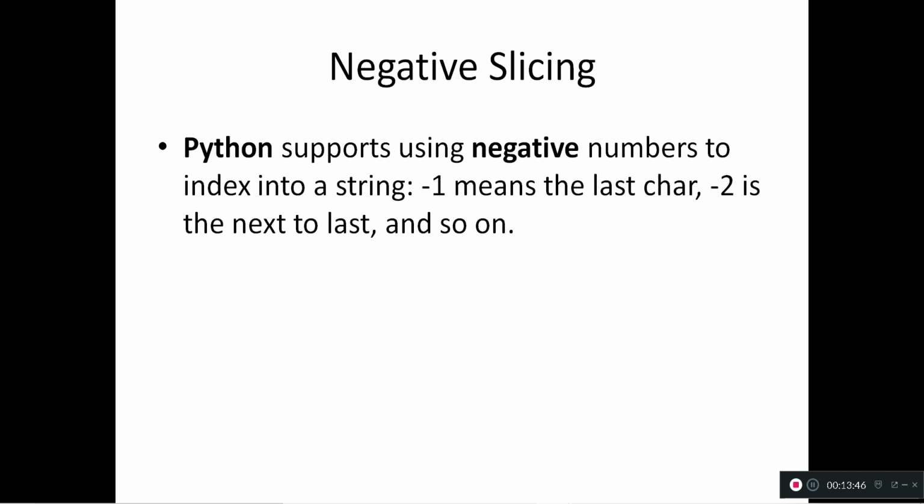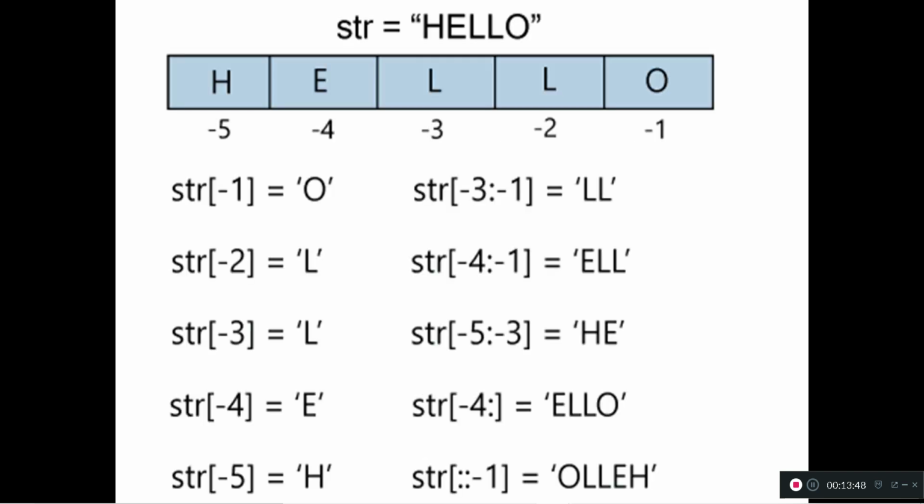Consider this example. See it here. We start with the end character, that is O, and the starting is -1, -2, -3, -4, -5. But in positive indexing, we start with 0. In negative indexing, we start with -1. Just remember that.